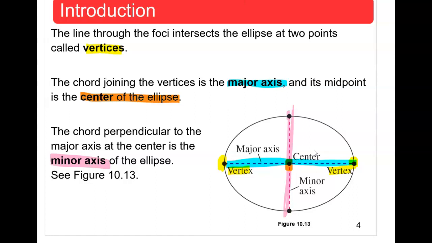The foci, the 2 points, will always be on the major axis, though not midway between the vertex and the center. We're going to learn how to find them and where to position them so that we still have the equation of an ellipse, and so that we could use that for some problems.